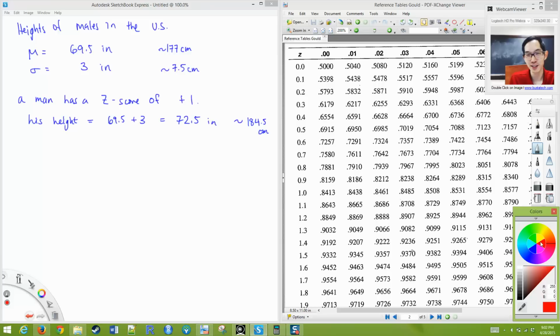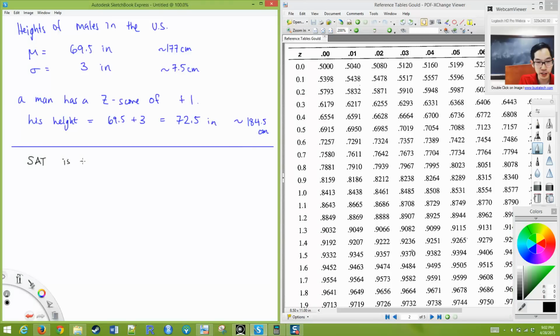So a student with a score of 600 has a z-score of what? +1 also. Okay.